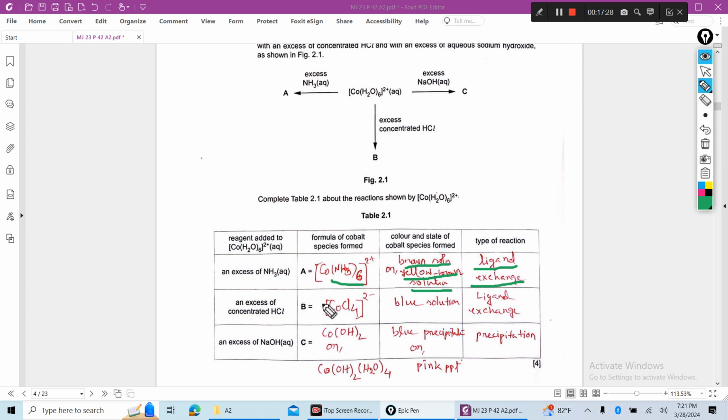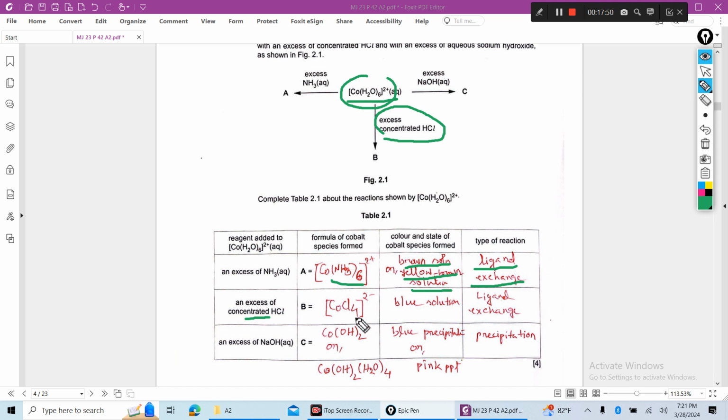Now you see B. The cobalt 2 aqua complex reacts with concentrated hydrochloric acid. You know this is octahedral geometry, but when it reacts with concentrated hydrochloric acid, tetrahedral geometry will be formed.